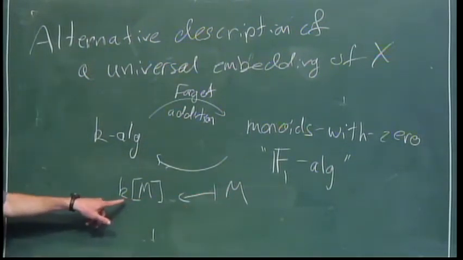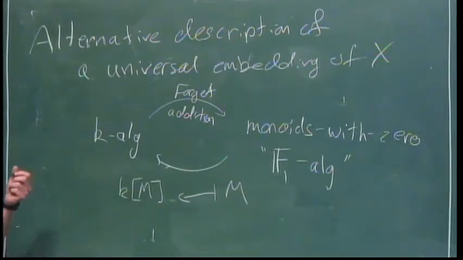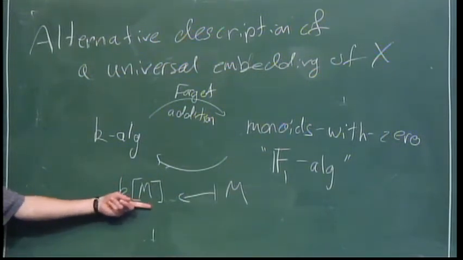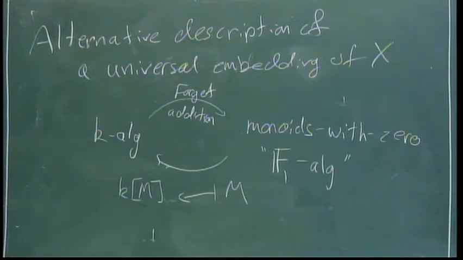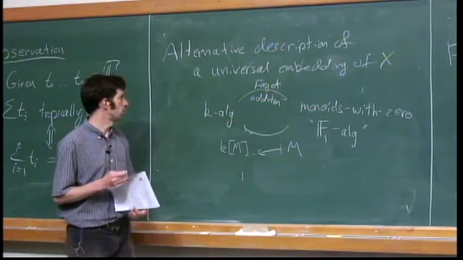And so what I do is form K adjoin M, and then I need to identify any scalar times the 0 element of M with the 0 element of this ring. But I'm going to gloss over that point. It's easier to just write K adjoin M and tell you what I mean by that. So this is a base change and scalar restriction adjunction between K algebras and F1 algebras.